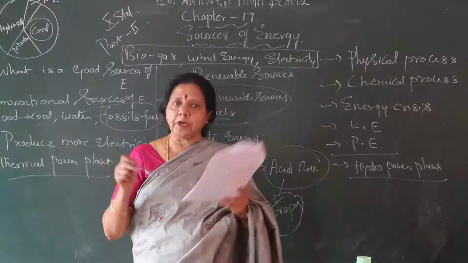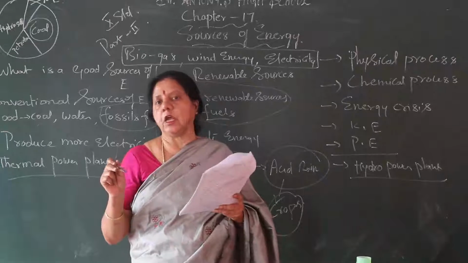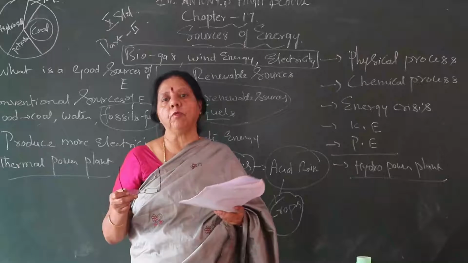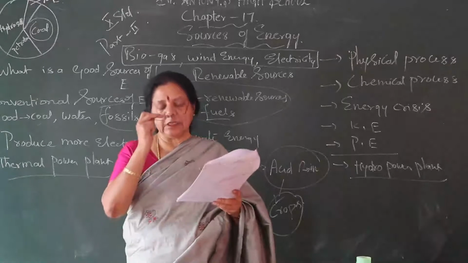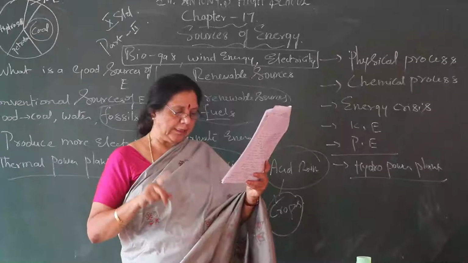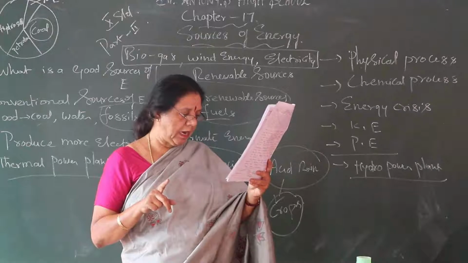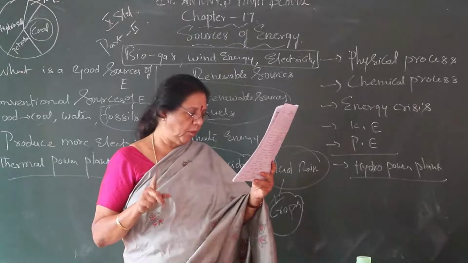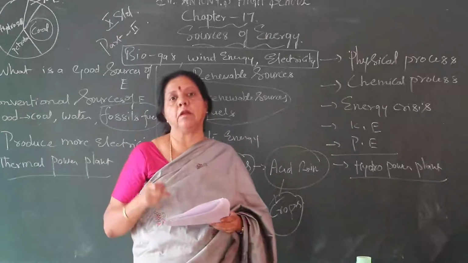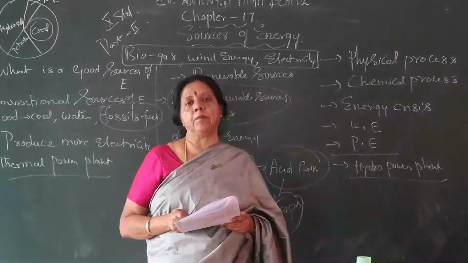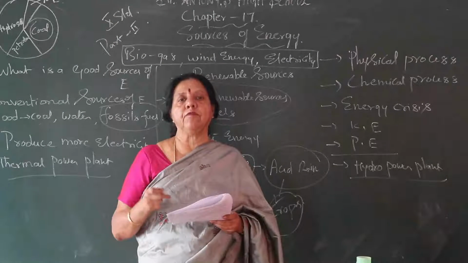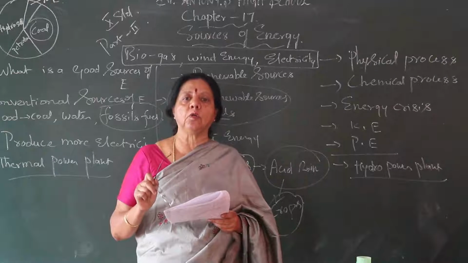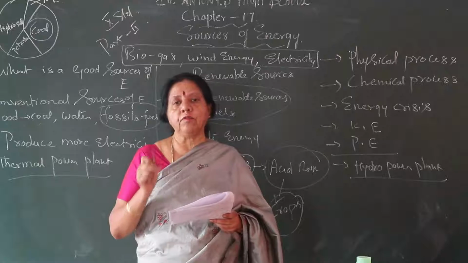But some other places, nowadays the government is giving facilities. In your textbook they have given the Tehri Dam on the river Ganga and the Sardar Sarovar project on the river Narmada. It is not possible to build the dam in some places because people do not want it, as water would not be available for the farmers. So this is another disadvantage. But in spite of that, the government is constructing lots of dams.